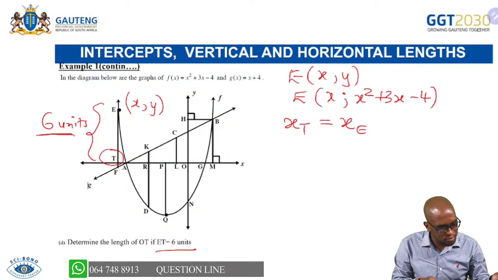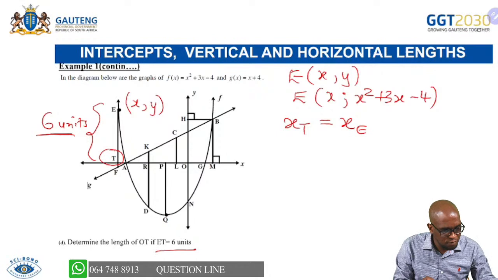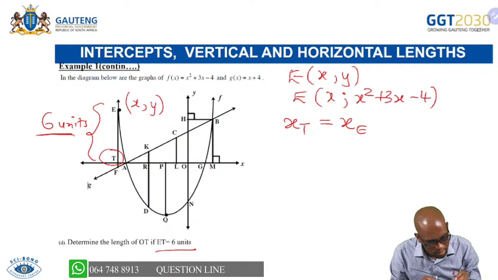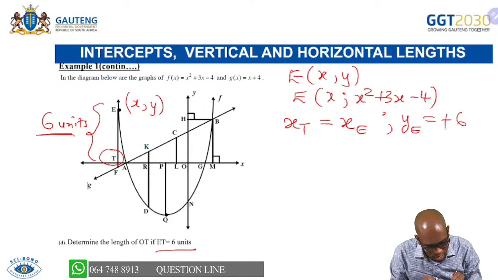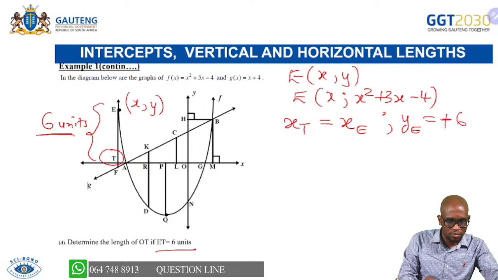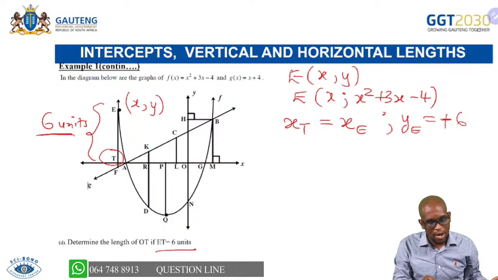Now, we are given that the vertical length is 6 units. It means that y at E is given by +6, because point E is on the positive y-axis.